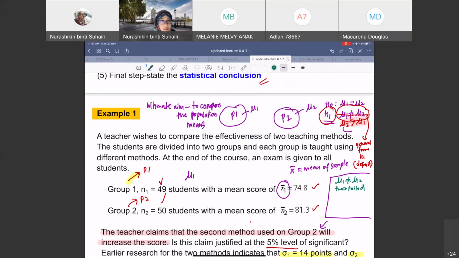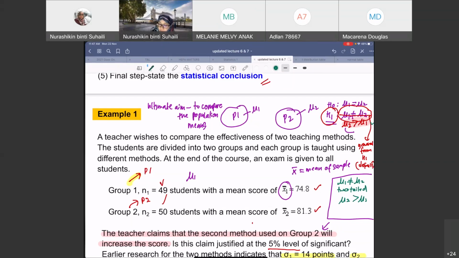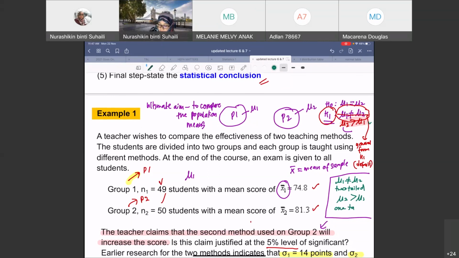It can be both: whether mu2 is greater than mu1, or mu2 is less than mu1. That's why it's called two-tail. But if we only have mu2 greater than mu1, like in this case, or if our hypothesis is the other way around, this is what we call a one-tail case.